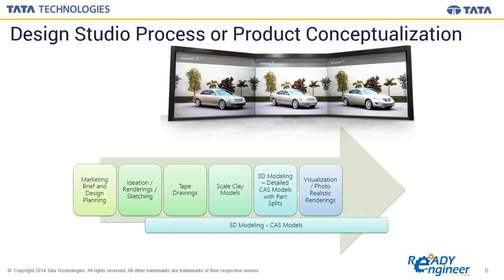Here we can put in multiple variations. We can represent multiple different models of a car, different color schemes, different upholstery in the car without making an actual physical model. This can show a variety to the customer as well as the management of what kind of models we can present.